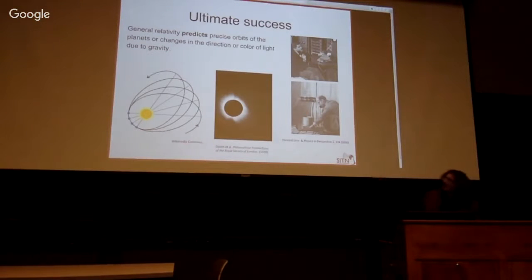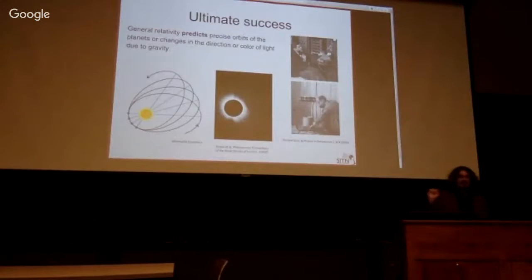On the left, for example, you see ellipses whose angle with respect to the sun in the center changes, which means that if you have a planet that revolves around the sun, its orbital motion, which can be characterized as an ellipse, will shift as time goes by. That ellipse is going to shift around the sun.